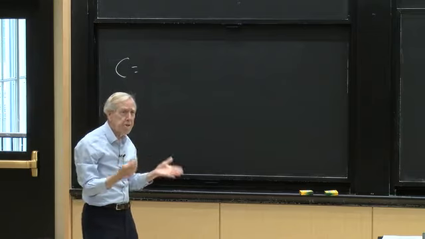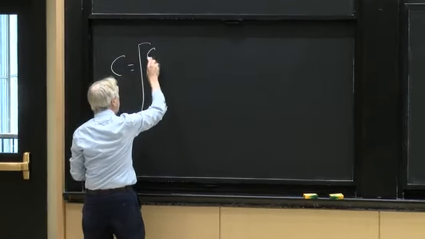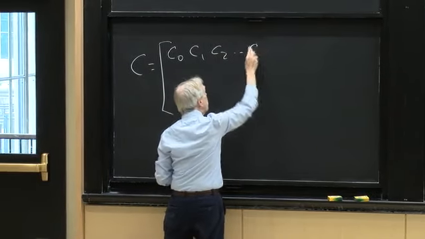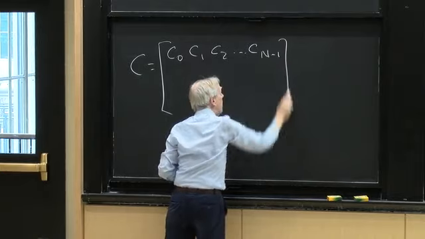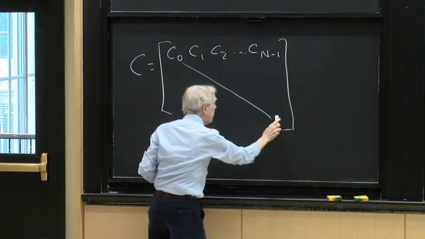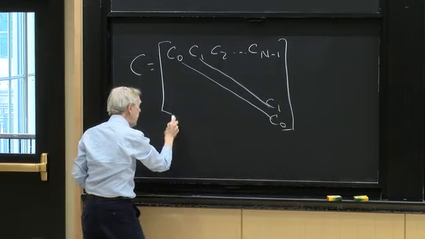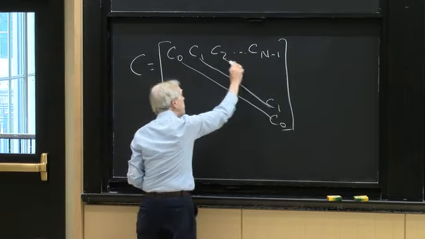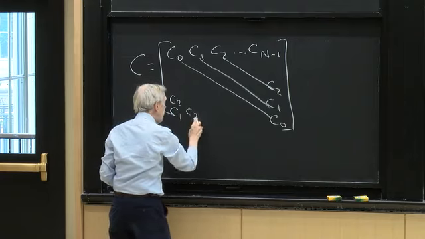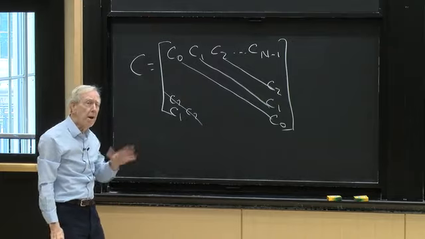If you tell me just the first row of the matrix, and that's all you would tell MATLAB, say C0, C1, C2 to Cn minus 1, then for a circulant, that's all I need to know, because these diagonals are constant. This diagonal is constant C1 and then gets completed here. The C2 diagonal comes to C2 and then gets completed cyclically here. So n numbers and not n squared.